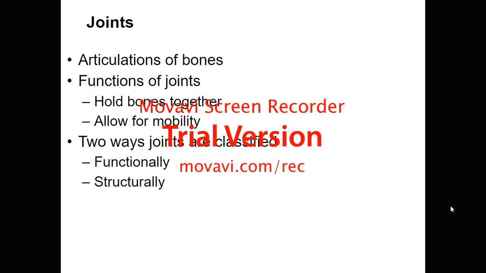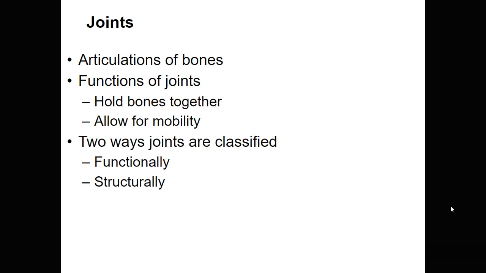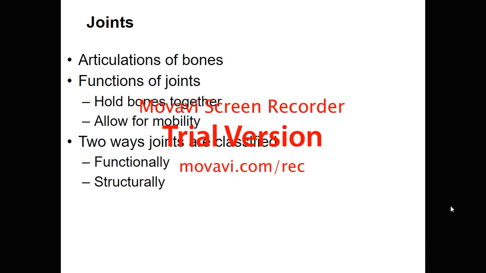So joints are essentially the articulation of bones. All that means is the sites where two or more bones meet. And essentially, the function of joints is to hold bones together and allow for mobility.